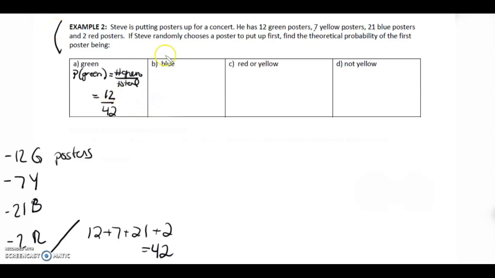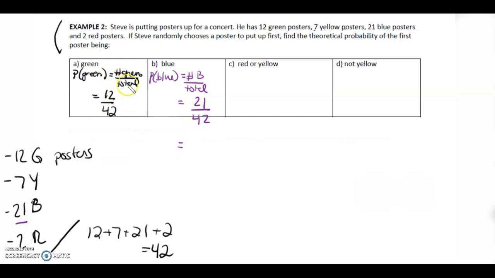B. What's the probability that the poster is blue? So probability of blue is going to be the number of blues over the total. So the number of blues is 21 over 42.